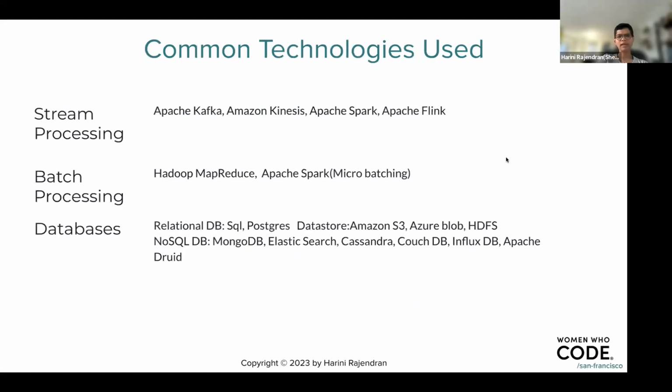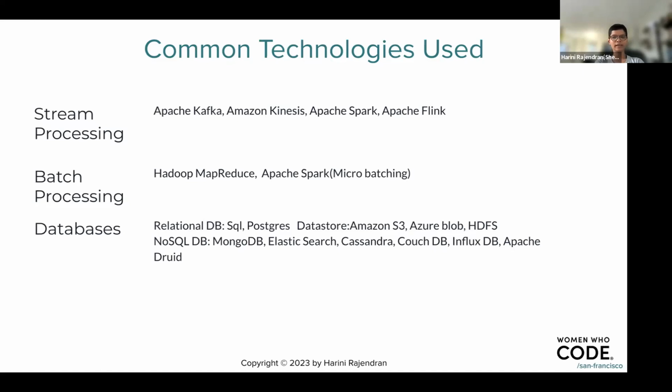So now I've given some examples of the common technologies that are used in the industry to build big data pipelines. If you are building a real-time stream processing big data pipeline, you would see at least one of these being used in the pipeline: Apache Kafka, Amazon Kinesis, Apache Spark and Flink.